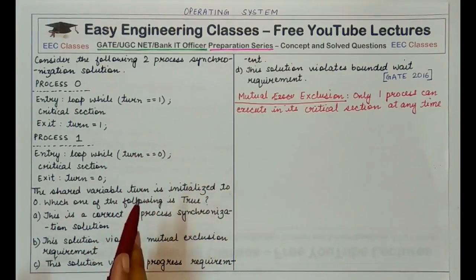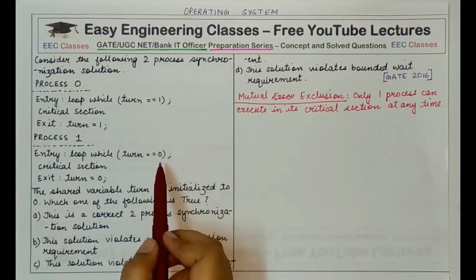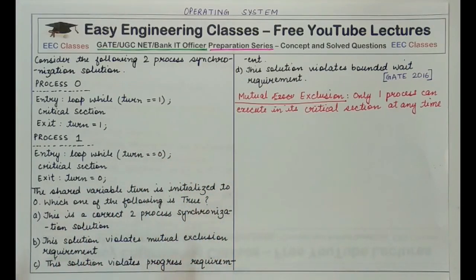Now if this happens, then since the value of turn can either be 1 or it can be 0, it cannot be both. Therefore, depending on what is the value of turn, that process will be allowed entry into the critical section and the other process will not be allowed entry, and therefore the other process would have to wait.